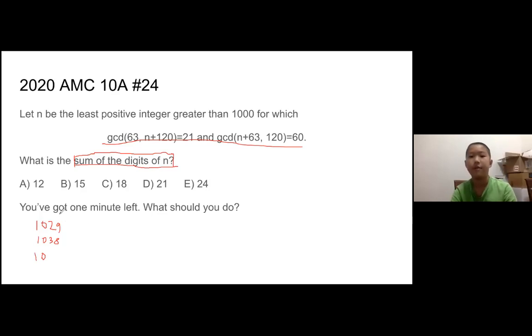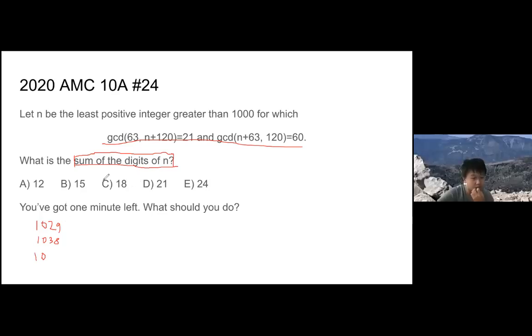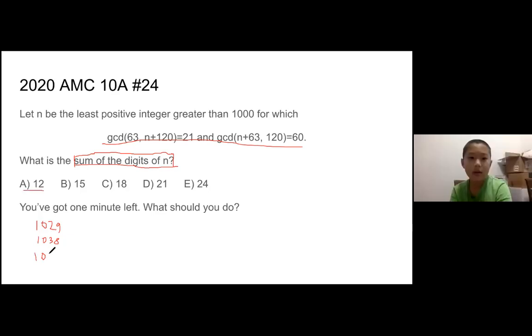Okay, but the problem is if we tried to test 12... Like, if you test 12, because the sum might be the same, since 12 and 21 both have the same sums, if 12 is one possible answer, that means 21 is another possible answer.